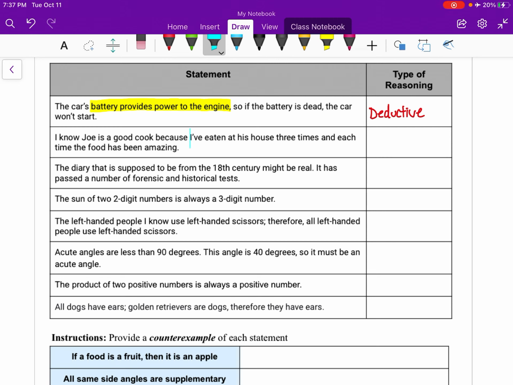However, the fact that we've eaten at his house three times is representative of a pattern. And the type of reasoning that uses patterns instead of facts would be inductive reasoning.